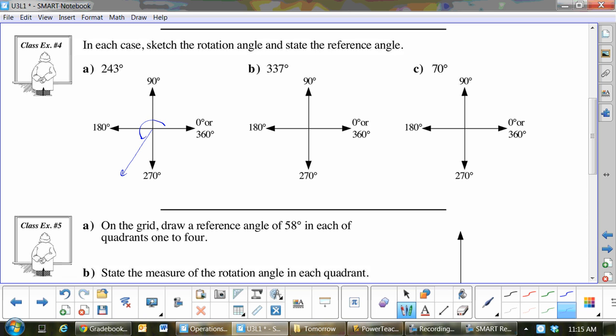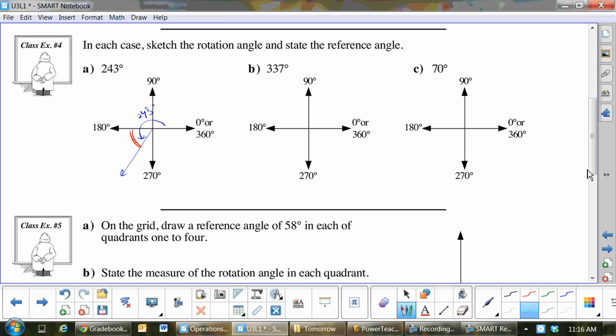So let's call that 243 degrees. Now, the reference angle is the acute angle formed between that blue thing and the x-axis. So this is the reference angle that I'm looking for. Does that make sense? It is the angle formed between the blue thing and the x-axis.